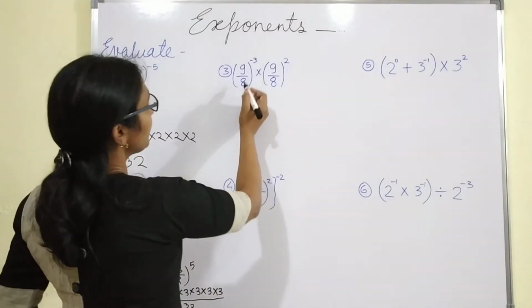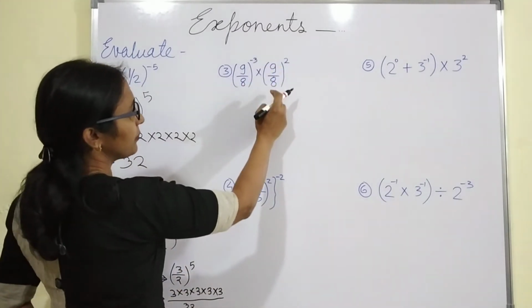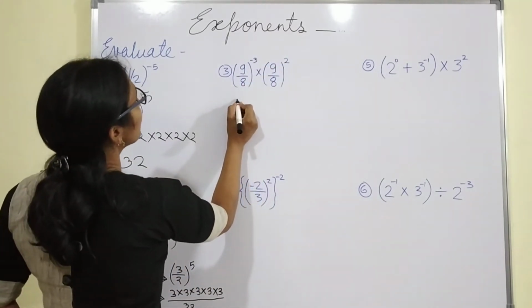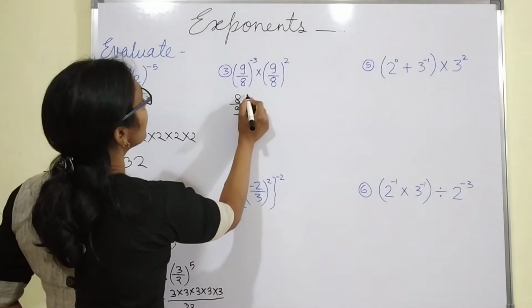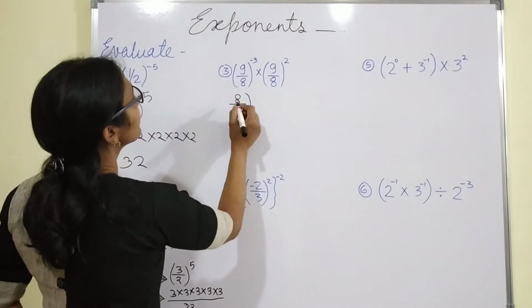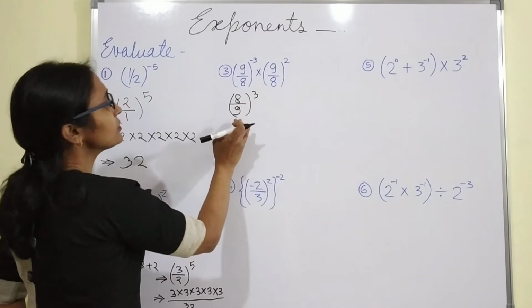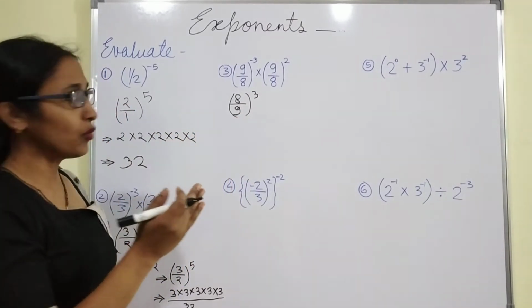Next is (9/8) power minus 3 into (9/8) power 2. So, it will become (8/9) power 3 into (9/8) power 2. You can solve in this way and one more way.